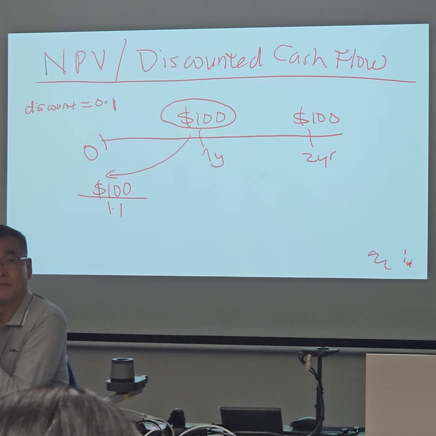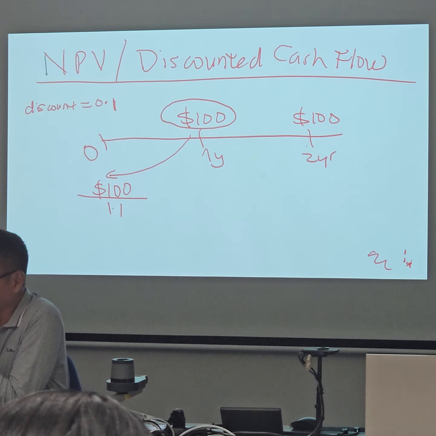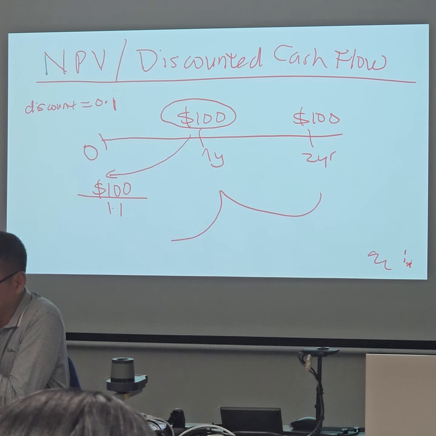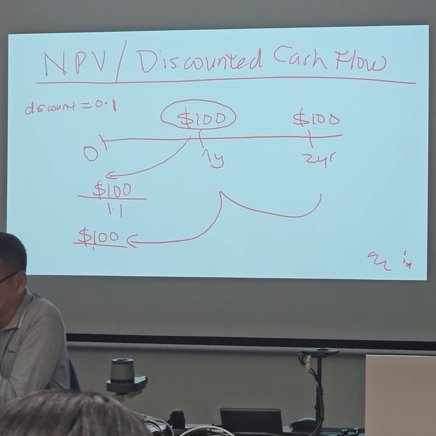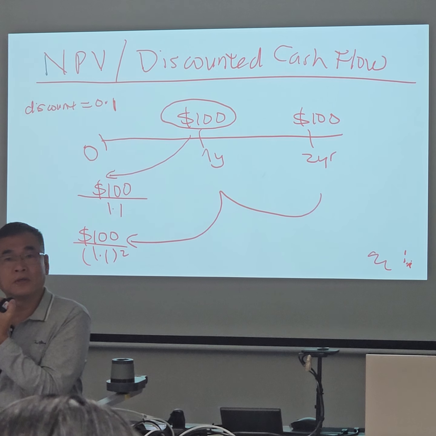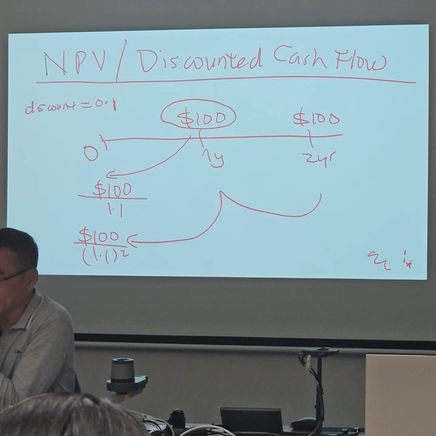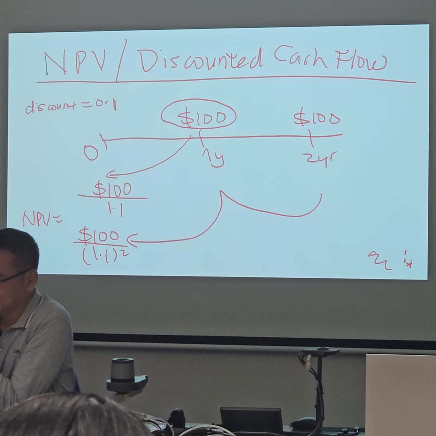Because if the $100 is here, you discount it twice. So the net present value is this one.